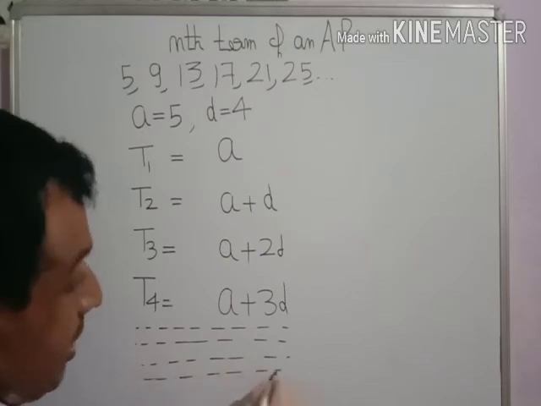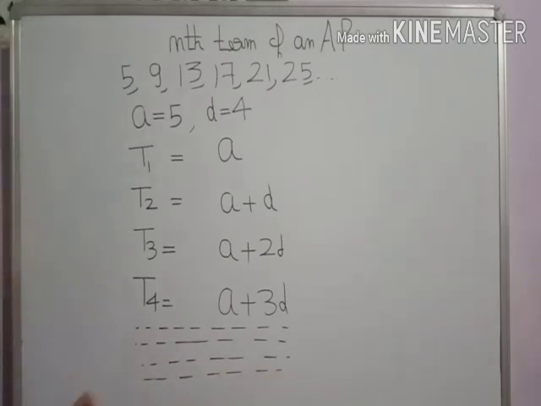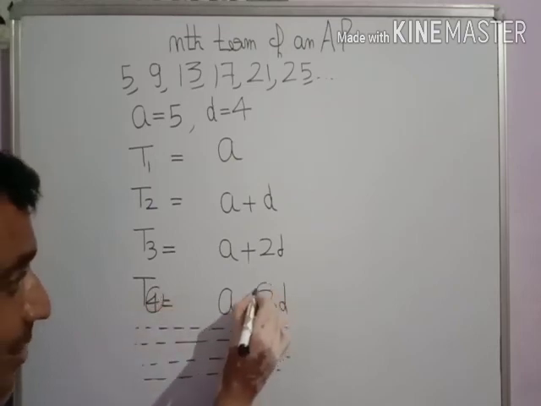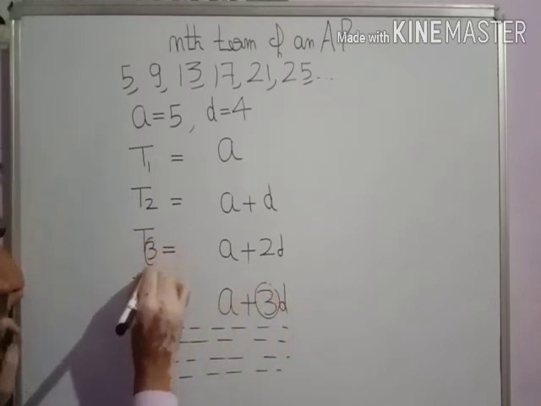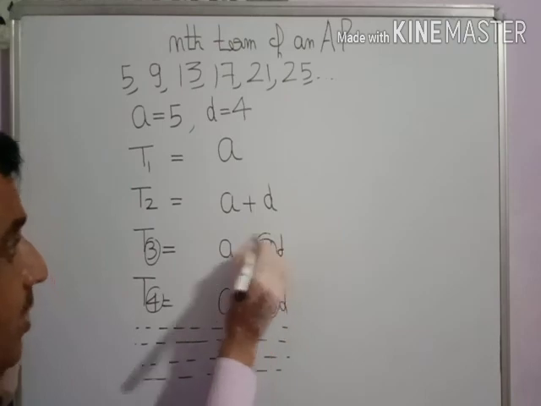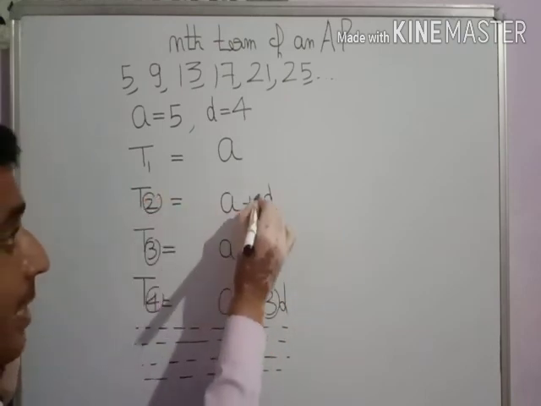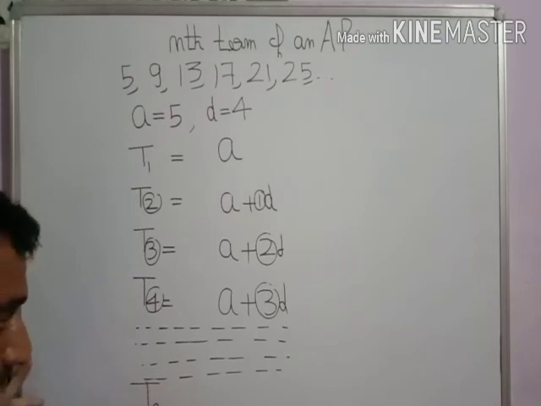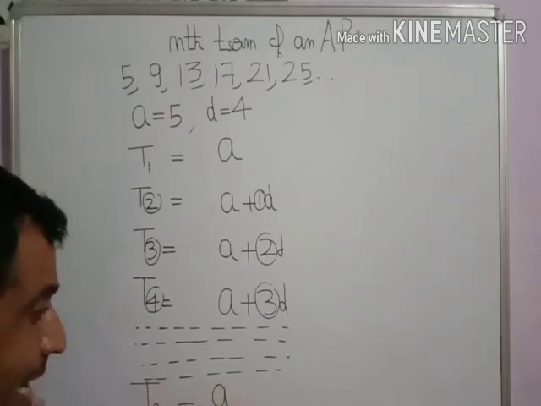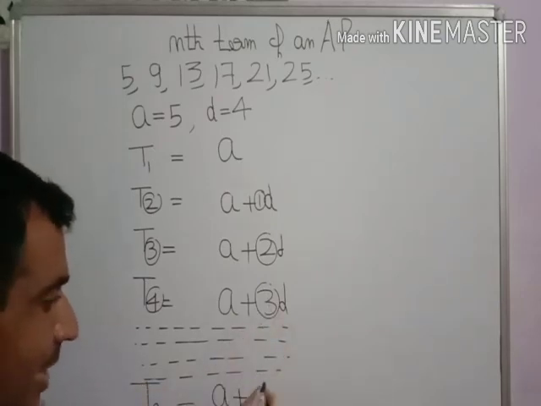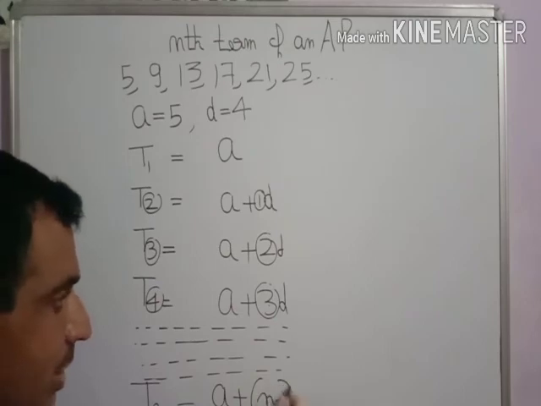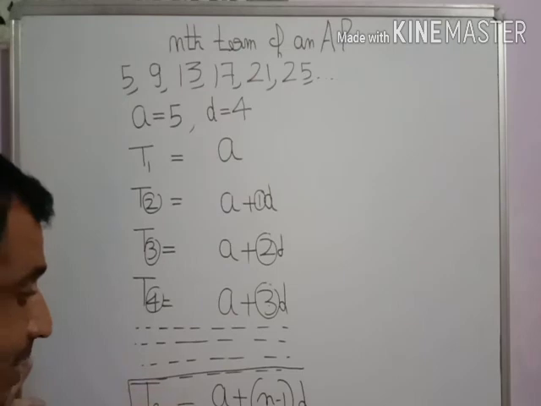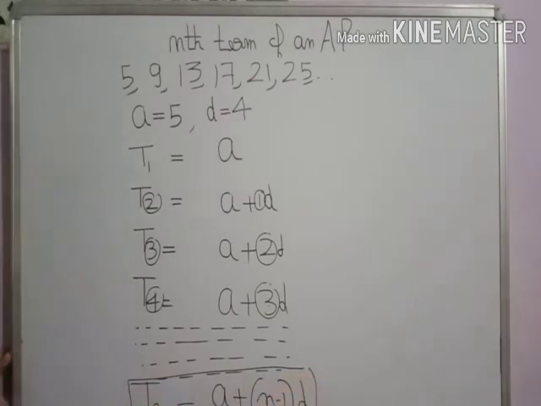and so on, did you observe one thing? If 4 is there, here is 3. If 3 is there, here is 2. If 2 is there, here is 1. It means if Tn is there, we can write A as it is plus one number less, n minus 1, into D. So this is the nth term of an AP.